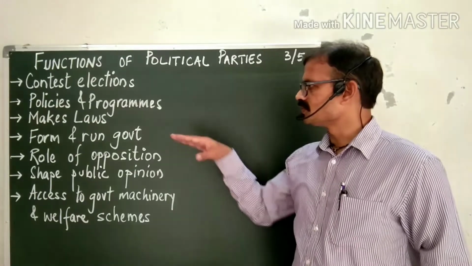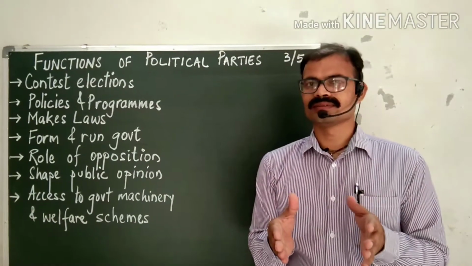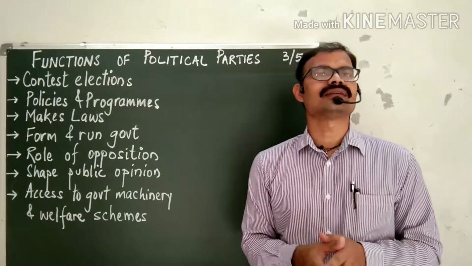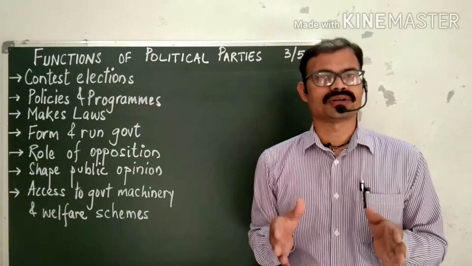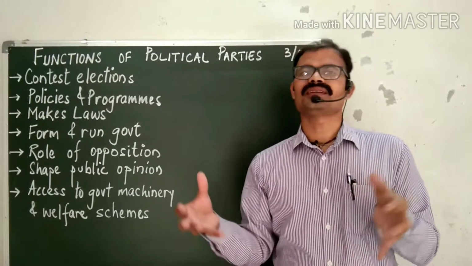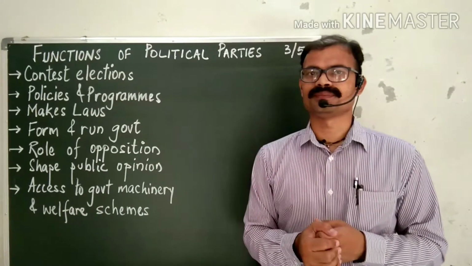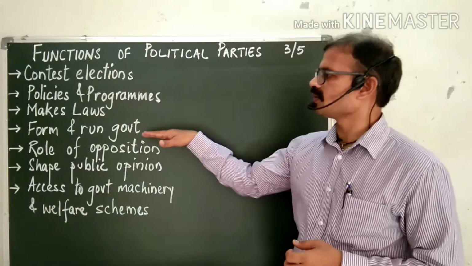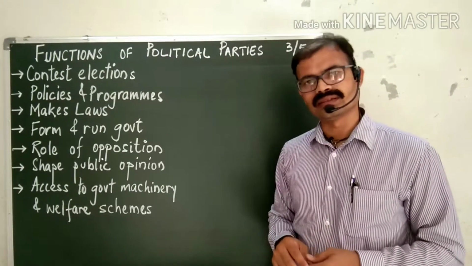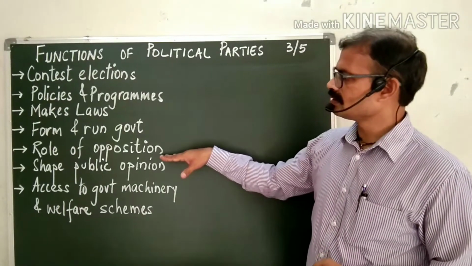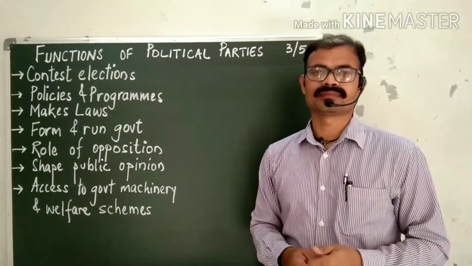Fourth one is form and run government. So once they contest election, the party that gets the majority, or maybe they form an alliance, then they form a government. After that, according to the guidelines of their party, they run the government. Next function is role of opposition.